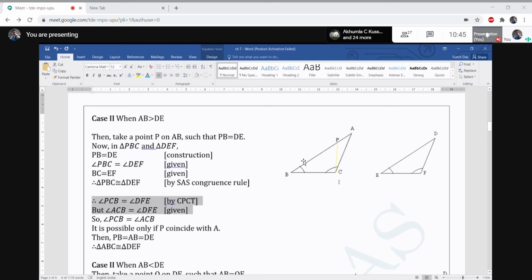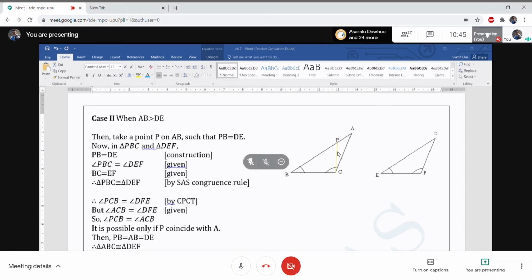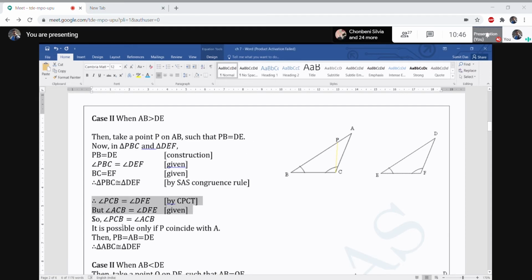Now, PCB and ACB can be equal only when P and A are the same point. If P and A coincide, then it is only possible. So PB equals AB, because P and A coincide, and AB also equals DE as per the question.